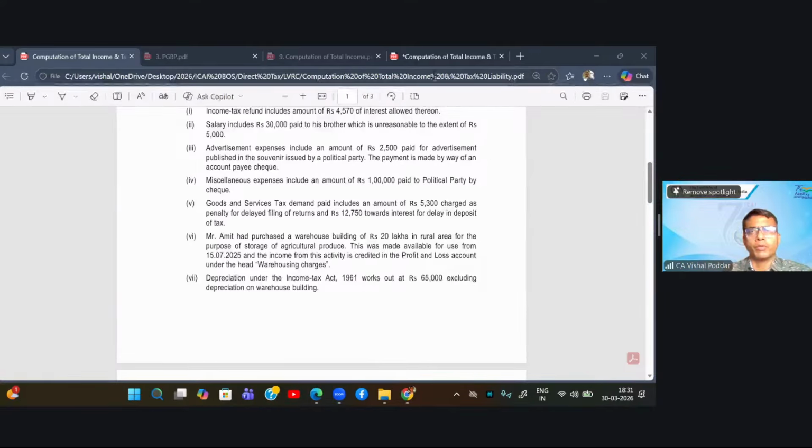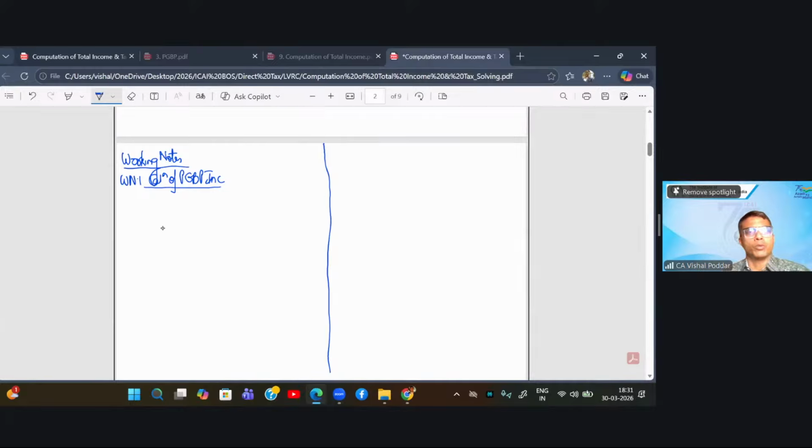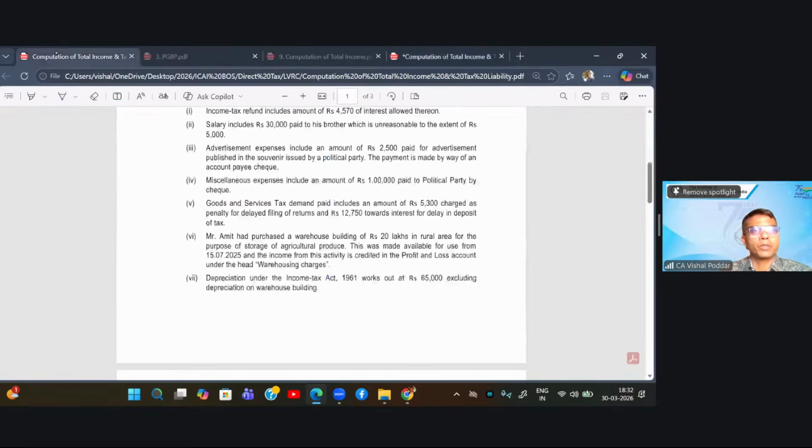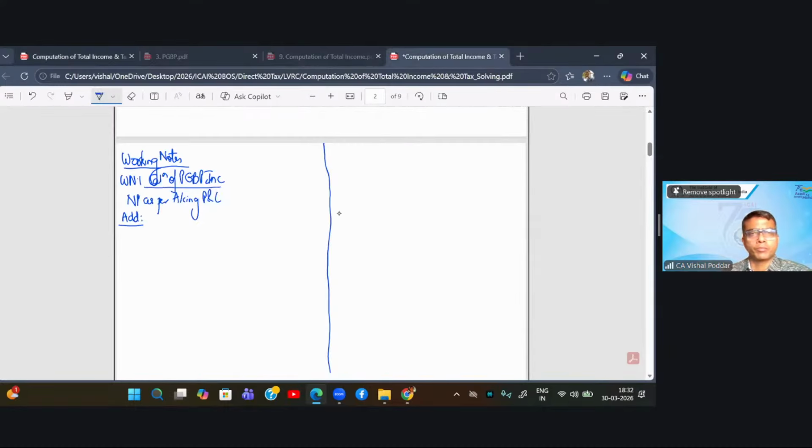So this sum, we will have a lesser number of adjustments, but yes, we do have some computations to be dealt with. So I start with profits as per accounting P&L. Then you have some add and you have some less. Now see, as per accounting, it is 5085.